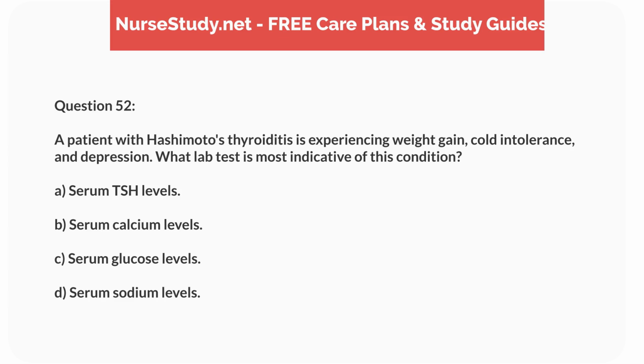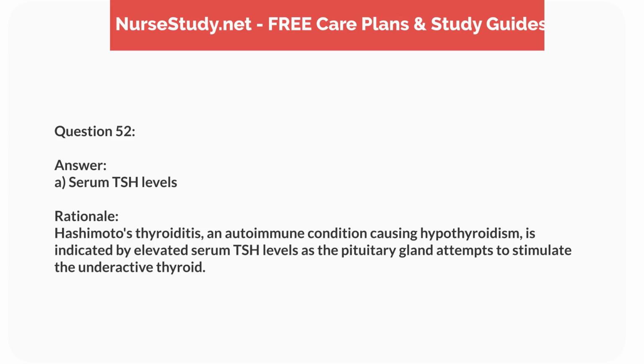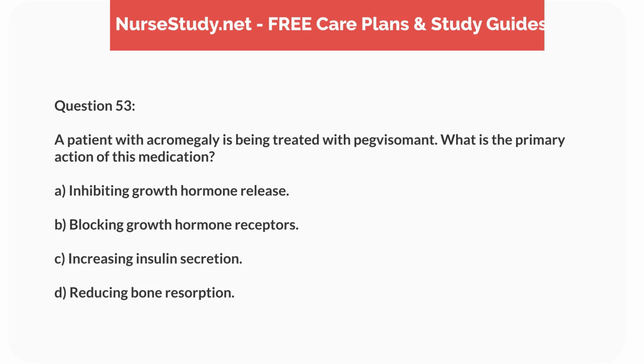D. Serum sodium levels. Answer: A. Serum TSH levels. Rationale: Hashimoto's thyroiditis, an autoimmune condition causing hypothyroidism, is indicated by elevated serum TSH levels as the pituitary gland attempts to stimulate the underactive thyroid.